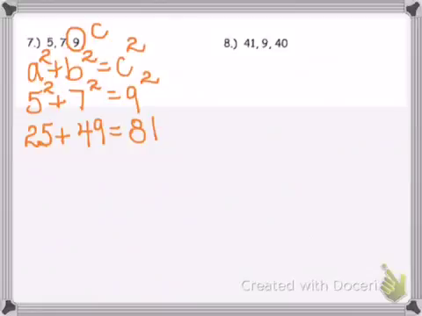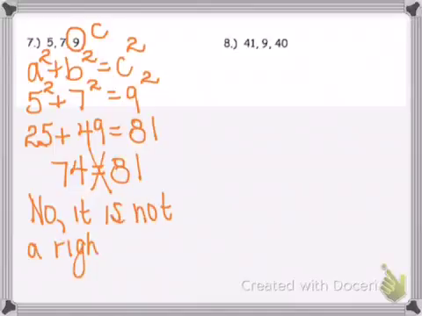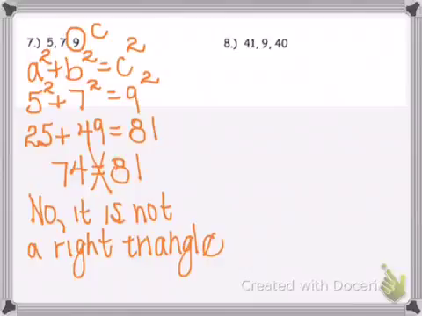Combining on the left, I'm going to get a total of 74, which does not equal 81. So this tells me that the lengths of these sides that they gave me do make up a triangle, but it is not a right triangle. Because again, the Pythagorean theorem is only really good for right triangles. It doesn't work for others.